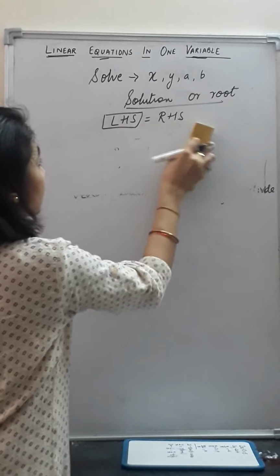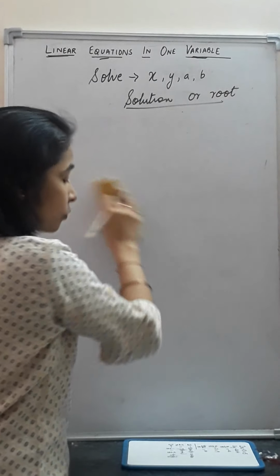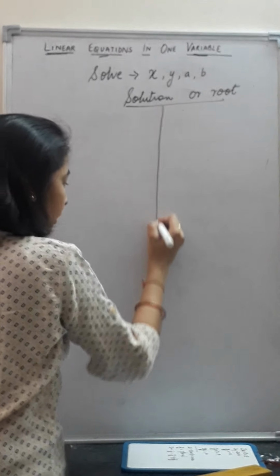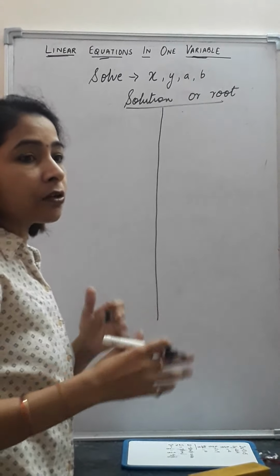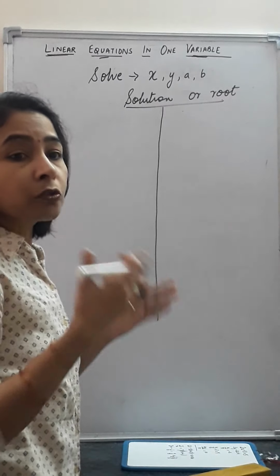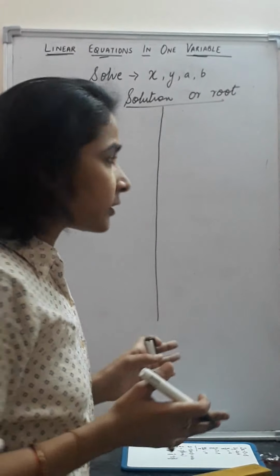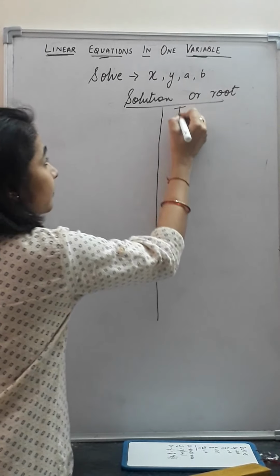Now, coming to the solution of the equation. How to solve the equation? In solving the equation, we use two methods. One is the method which I told you just now, that whether we add, subtract, multiply or divide any number to both the sides of the equation, the equation remains unchanged.